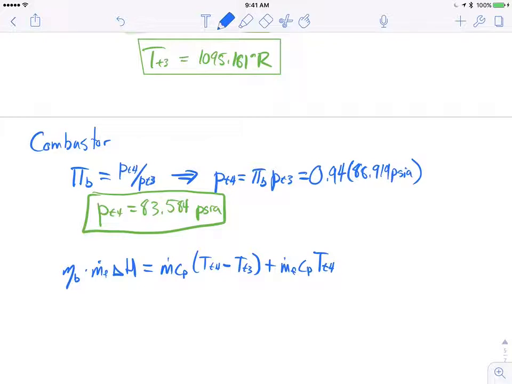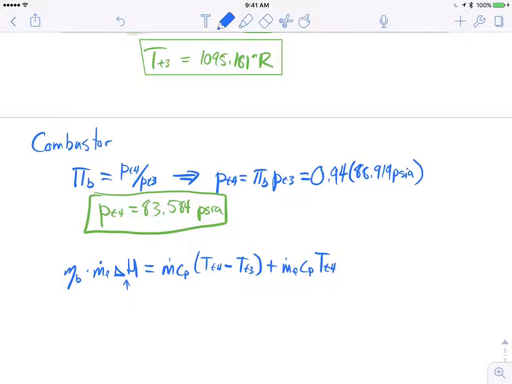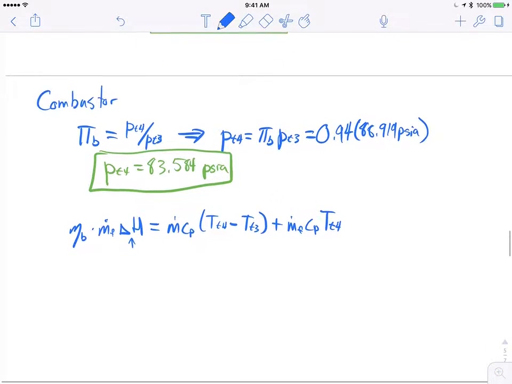We don't have to put in a TT3 here because that's actually already been included in our delta H value. Since we already know that TT4 is 2,480 degrees Rankine, that was given in our problem statement, really, again, we're solving for what's our mass flow rate of fuel that's necessary to accomplish these temperature changes.